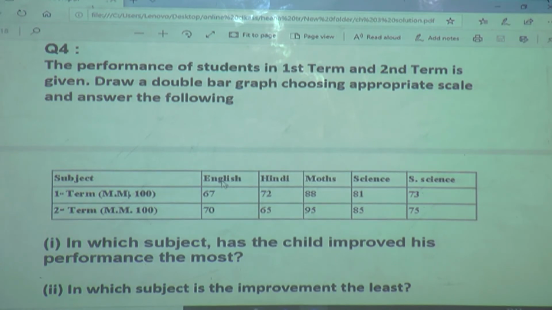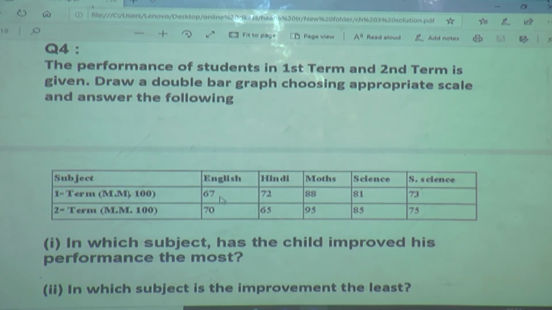Here data is given to us. The subjects are English, Hindi, Maths, Science and Social Science. First term, that is term 1, and term 2, with maximum marks of 100, that is, out of 100.